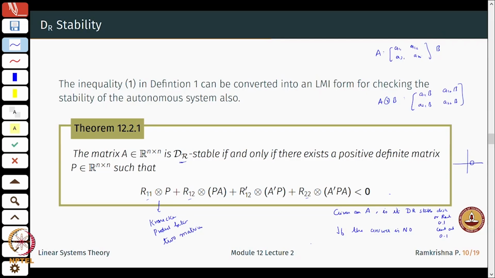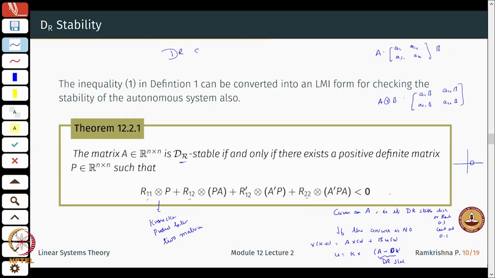then I will look at an alternate problem. I have x_{k+1} equals A x_k plus B u_k. Now can I find a u equal to Kx such that A plus BK is now D_R stable?